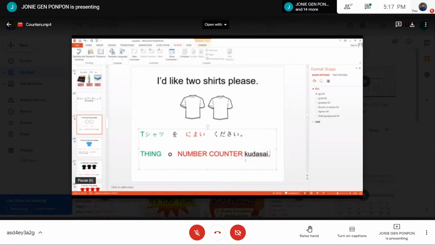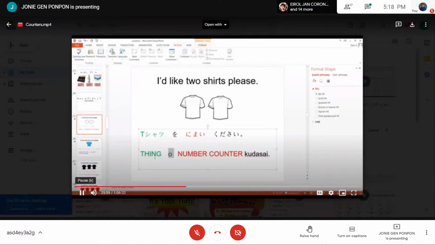So your sentence grammar pattern will be, say first the thing you want to have, or you're asking. So the object, and then next is the o particle, because o particle refers to a direct object. So if you want to say thing o, the o here will refer to this thing here, that is the direct object.